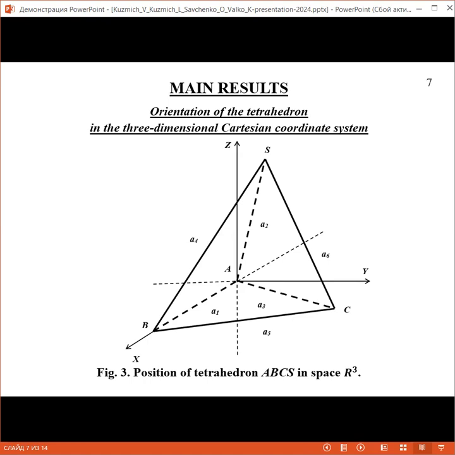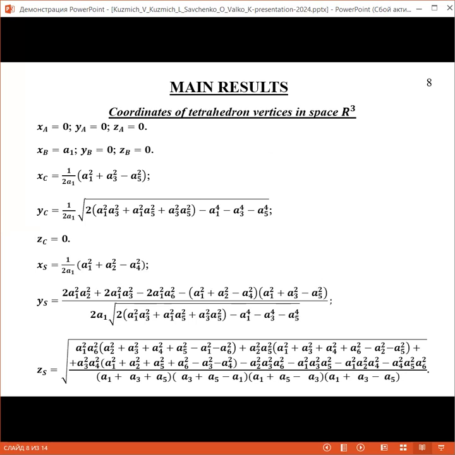When calculating the coordinates of the vertices of the tetrahedron, the ordinate of point C and applicate of point S will always be non-negative. The coordinates of the vertices can be calculated using the formulas. When calculating the coordinate zS, the Jungius formula was used.